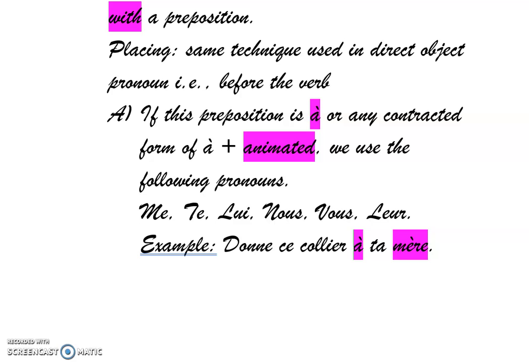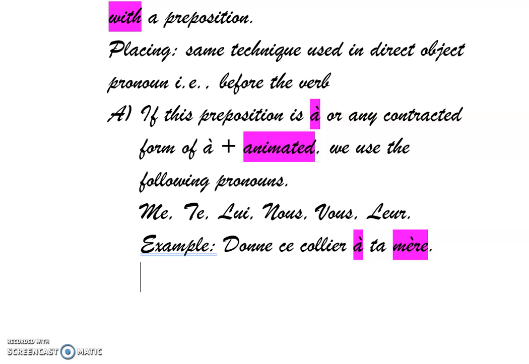Step number 3, you have to see whether your noun is animated or inanimated. Inanimated means something which has no life. And step number 4 is your formation. So here we have à plus mère, which is definitely animated.